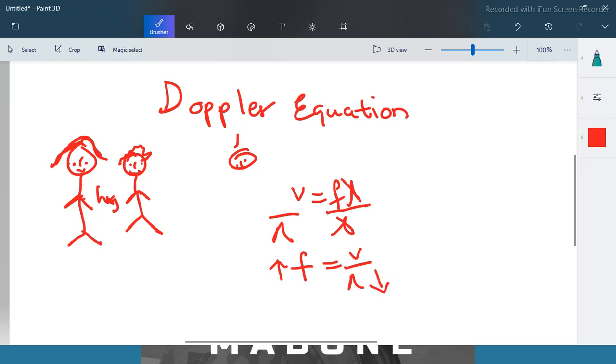So my theory was actually correct, that the relationship between these two is that when one increases, the other decreases, right? Now that I've proven my theory using that example of a hug and your parents wanting to beat you up, now we can move into the actual Doppler equation and try to see how we can manipulate this thing and understand it better.